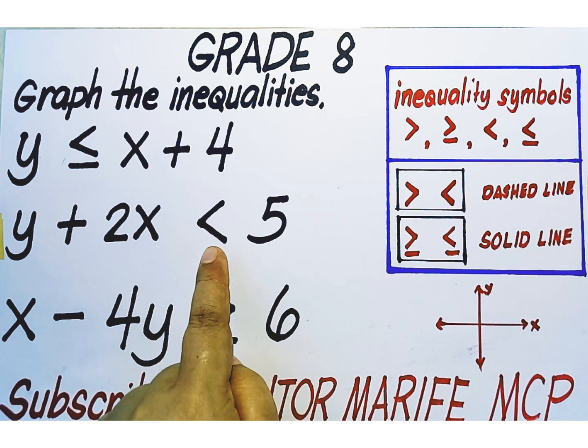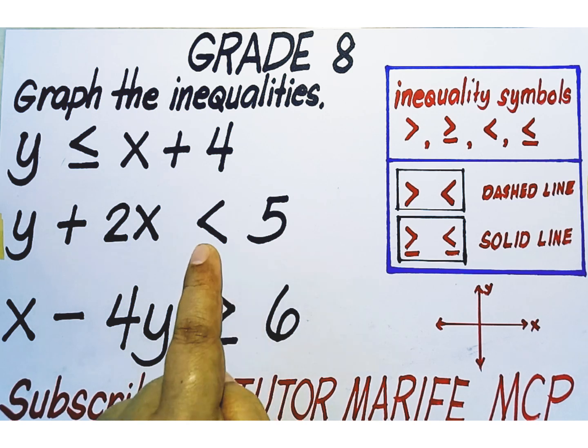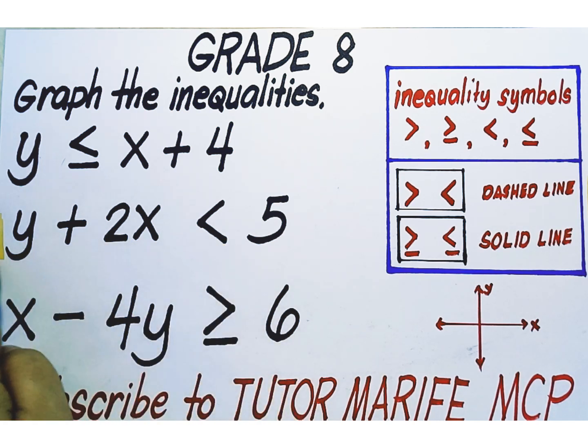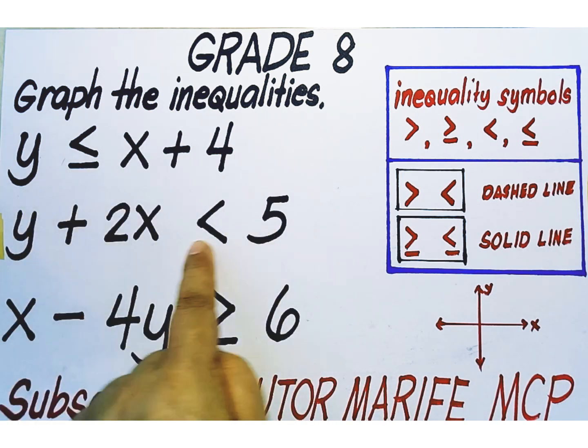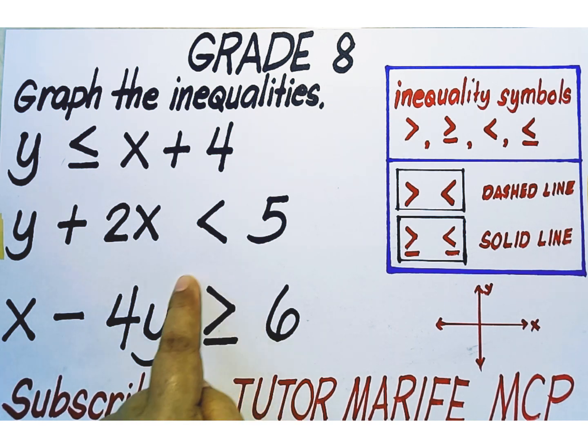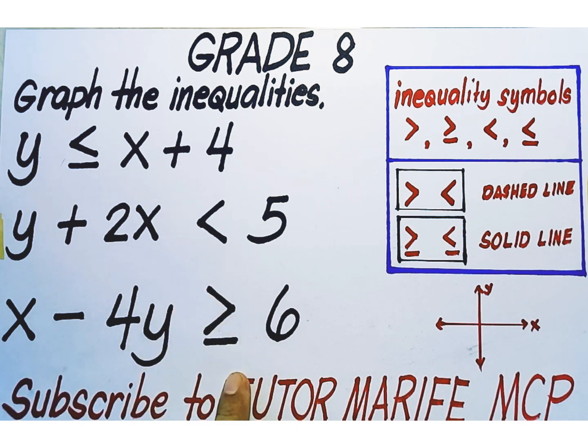There is no equal component to the symbol. Therefore, we are going to use a dashed boundary line for the second inequality. For the last inequality, we are going to use a solid boundary line because the symbol used is greater than or equal to, and there is an equal component to the symbol.